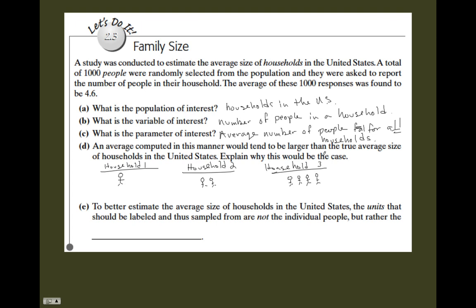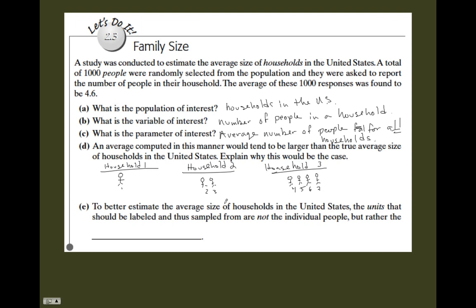Well, since we're sampling the people, if I gave the people numbers and said, okay, I'm going to randomly select 2 numbers, and then those households will be part of my sample.